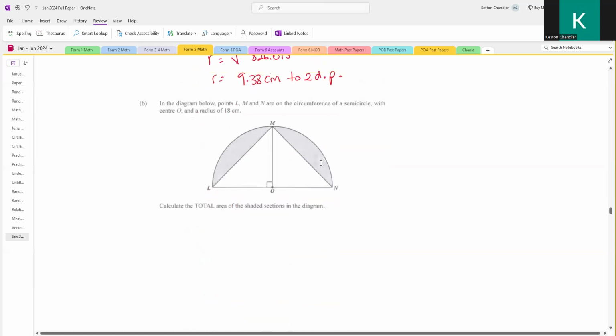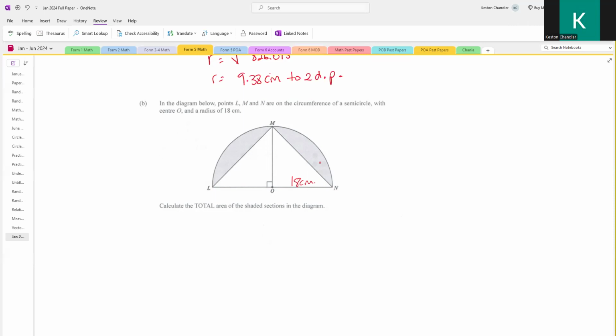Let's move on. In the diagram below, points L, M, and N are on the circumference of a semicircle. The radius is 18 centimeters. Calculate the total area of the shaded section in the diagram.